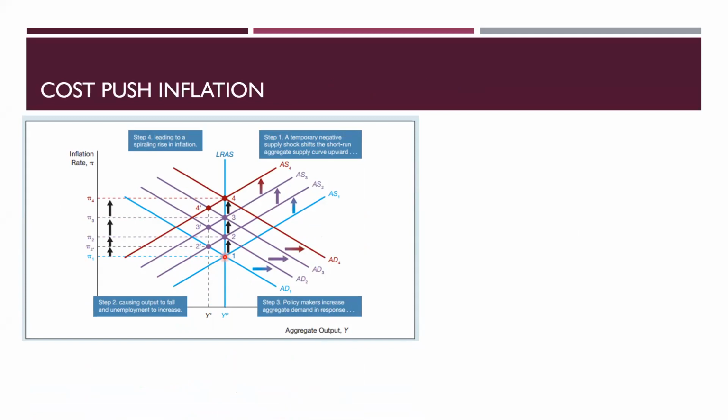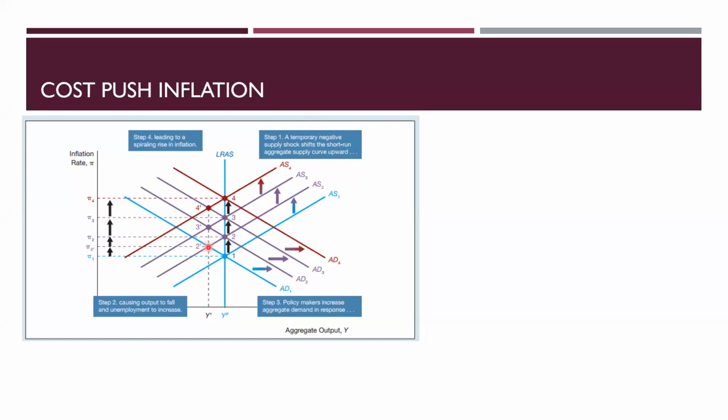In this case, we are assuming that we start at point 1, in which aggregate demand 1 and aggregate supply curve 1 intersect at inflation level pi 1 and output level Yp, which is our potential. Step number 1, a temporary negative supply shock shifts the short-run aggregate supply curve upwards from AS1 to AS2, establishing a temporary equilibrium at 2 prime, or at Y prime here.